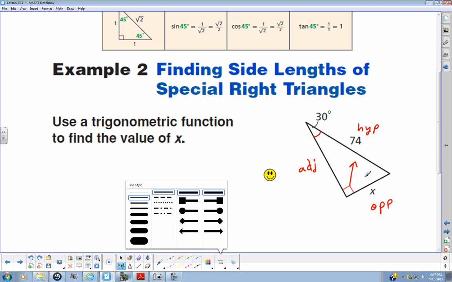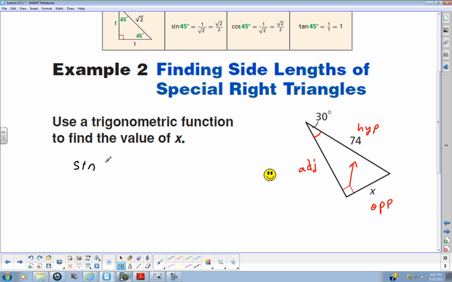So if I want to solve this triangle, I want to use the right trig function. Since I'm trying to find x, which is opposite, and I know the hypotenuse, I'm going to use sine of 30 degrees is equal to the opposite, which is x, over the hypotenuse, which is 74. Basically all I'm doing is deciding which trig function I want to use.